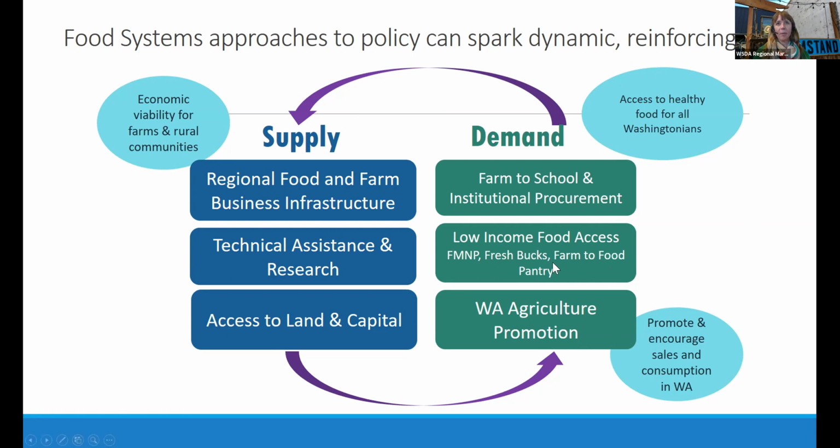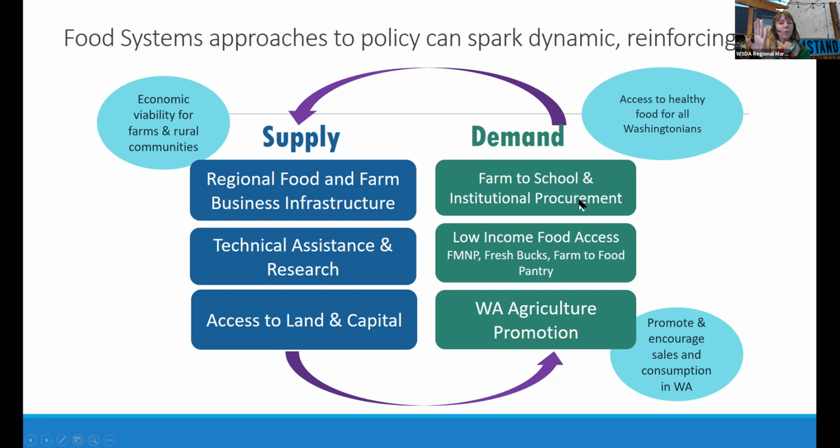A great example is what we know here as Fresh Bucks, which allows folks shopping at farmers markets and using SNAP to access an additional $5 to use for purchasing local produce. That's an incentive program.